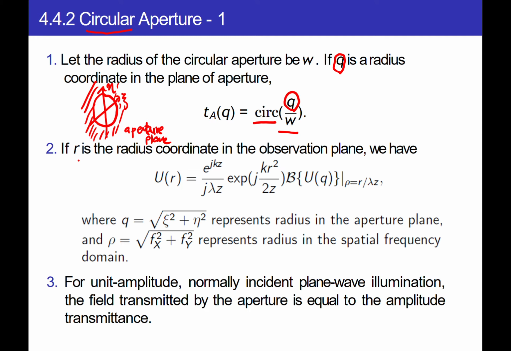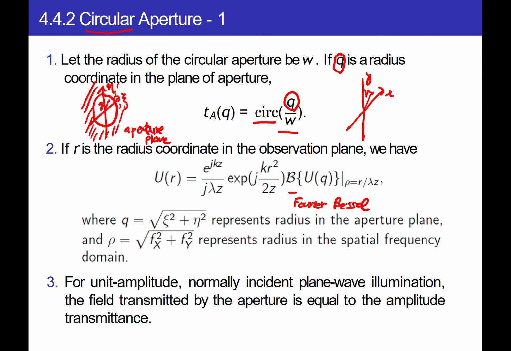If r is the radius coordinate in the observation plane, we have x, y, so in this case we have r and theta. The Fourier transformation in the cylindrical coordinate system becomes the Fourier-Bessel transform.